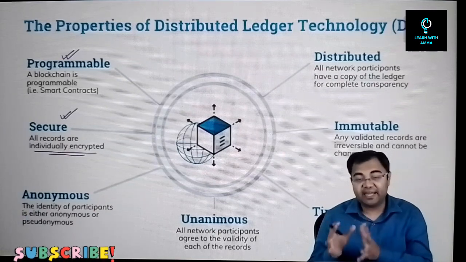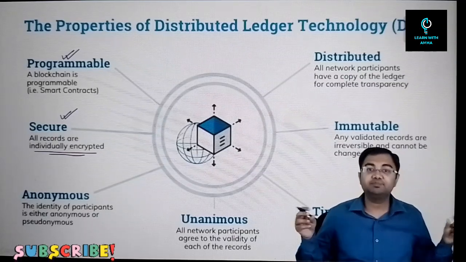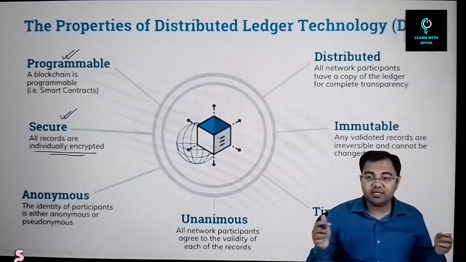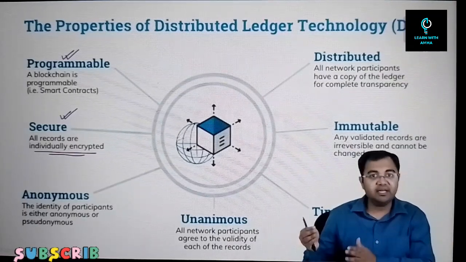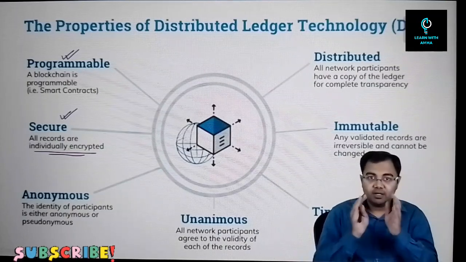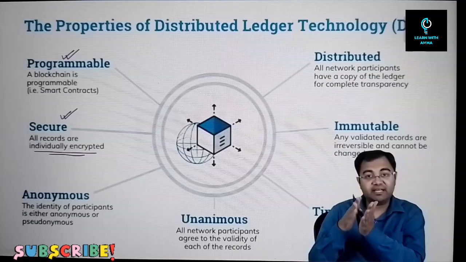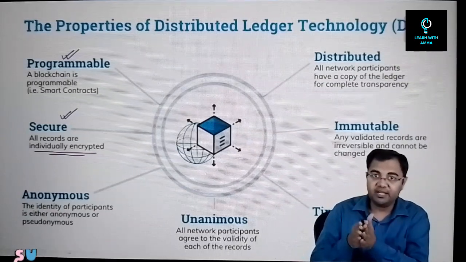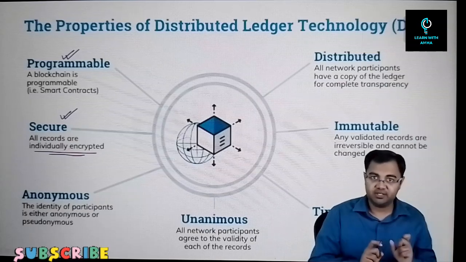Then it is secure because they are individually encrypted. One of the reasons why hash is required is to make it secure. Because it's a 64 digit hexadecimal number, it's not easy for somebody to just hack into the system and create their own system, because each hash also has a property that this address is a continuation of the previous address.